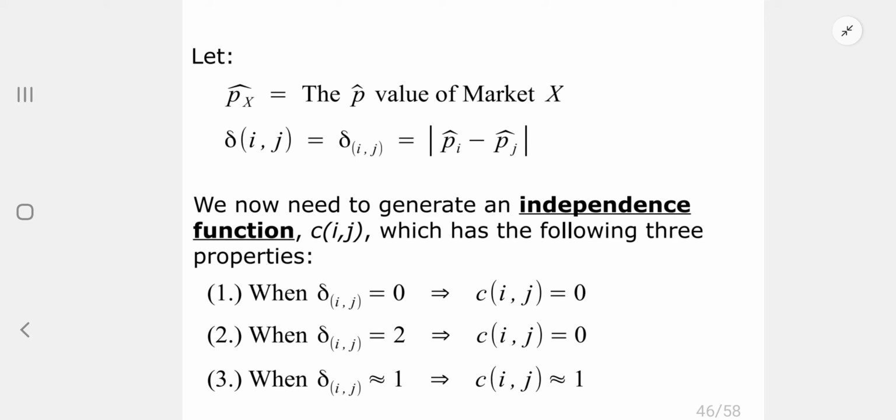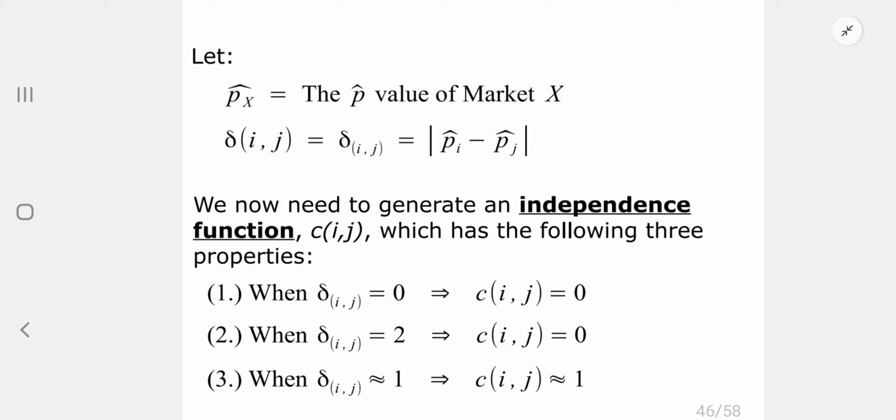We now need to generate an independence function, C_ij, which has the following three properties. Number one, when delta_ij equals 0, then C_ij equals 0. Number two, when delta_ij equals 0, then C_ij equals 0.